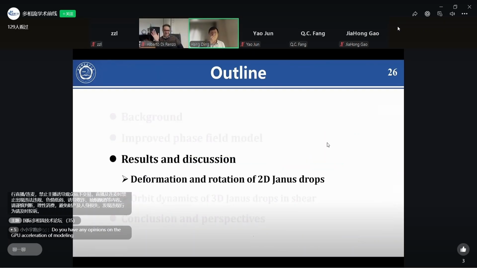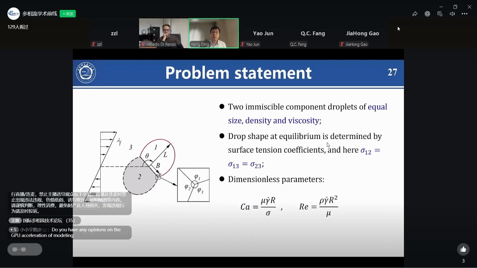Okay, so then we have some numerical study here. Firstly, we consider two-dimensional cases because this problem is very complicated. You have many parameters, so to narrow down our research scope, we restrict ourselves to, for example, droplets with equal size, equal density, and equal viscosities. Also, the drop shape at equilibrium is determined by the surface tension coefficients.